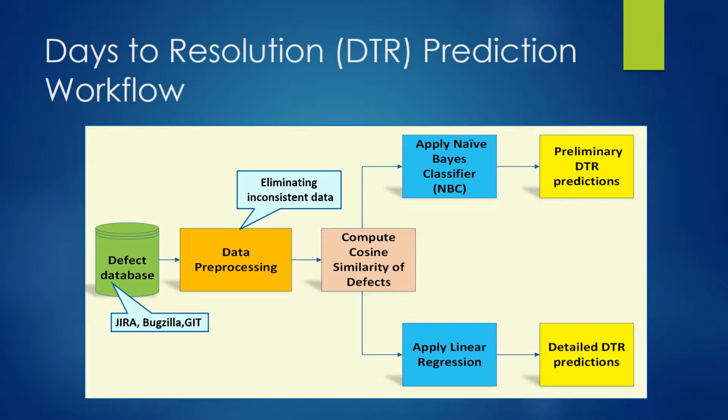Here we discuss the workflow used for days to resolve a defect prediction. Project teams use different issue management systems like Jira, Bugzilla, GitHub, etc. to maintain a log of all defects through the project's life cycle.